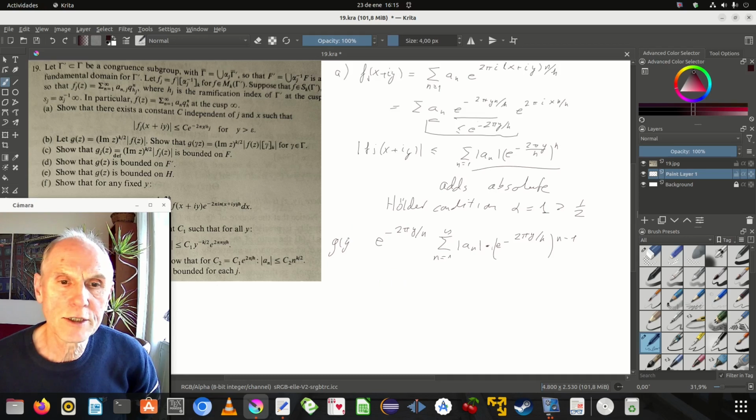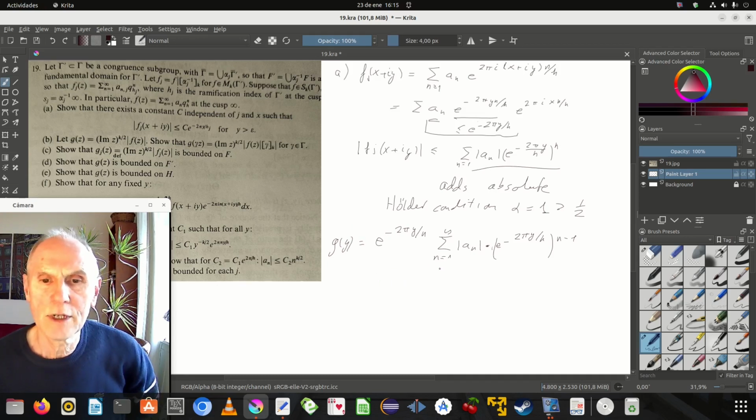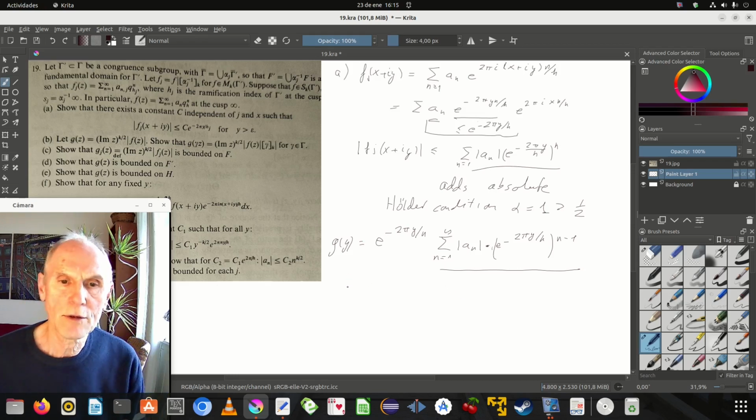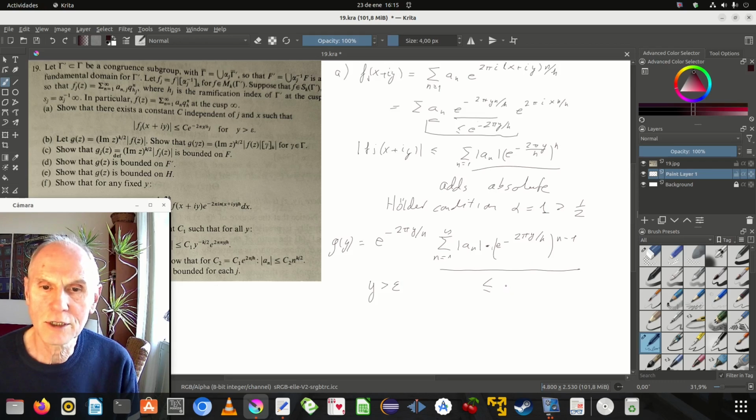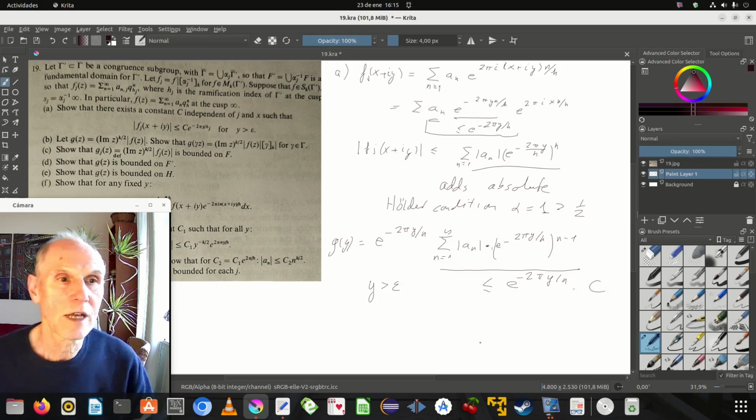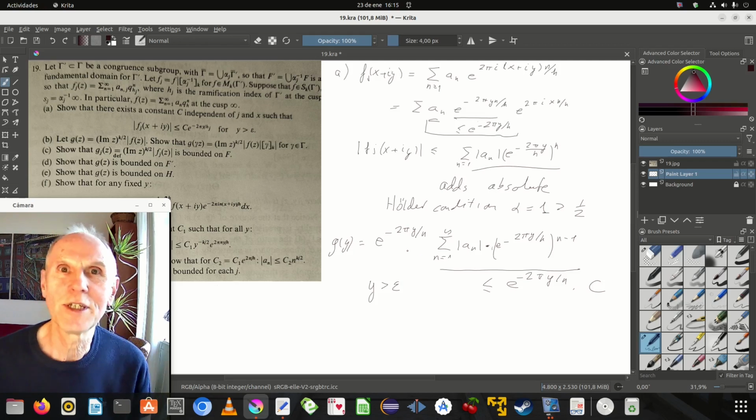If we call this g of y, then this sum is finite, and every term is decreasing, so by assuming y is larger than epsilon, this is smaller than or equal to some constant, C. So that's how simple part A is, if you can keep your head cool.